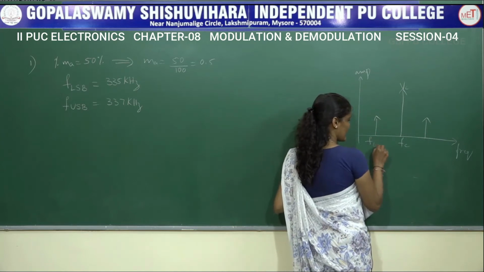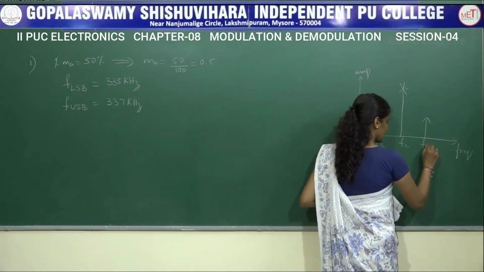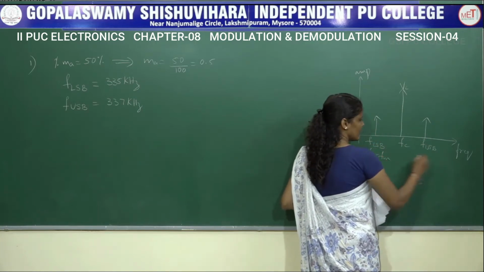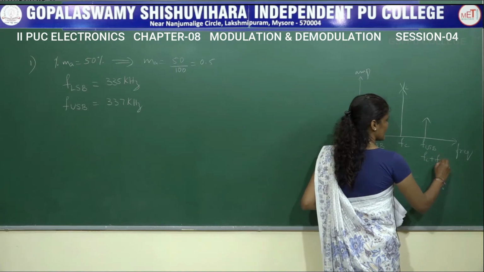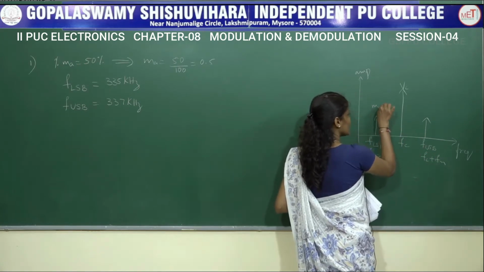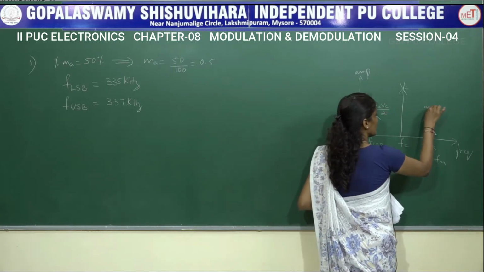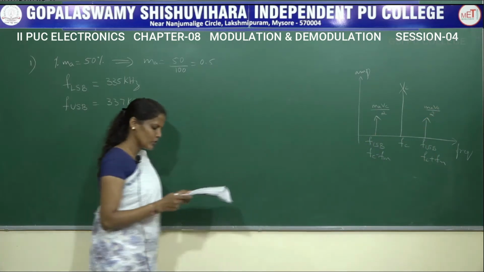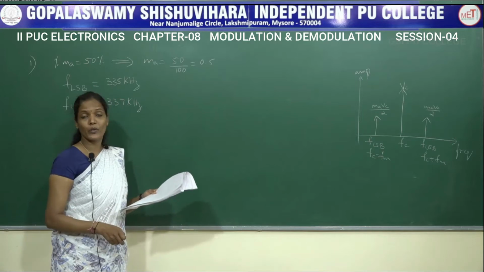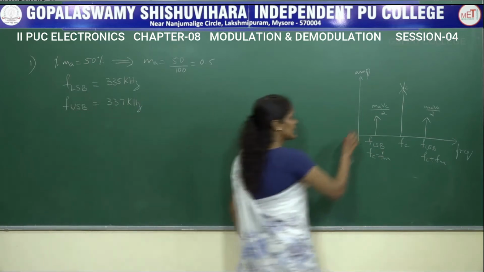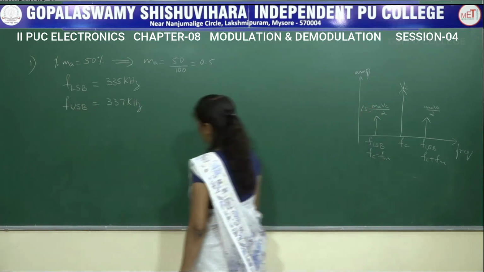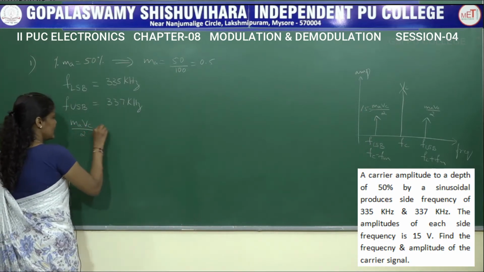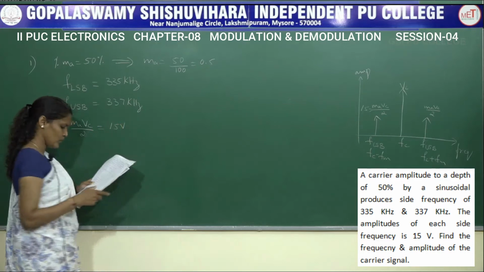One is called FLSB, the other one is called FUSB. FLSB is equal to FC minus FM, whereas FUSB is FC plus FM, and the amplitude of these two is MAVC by 2. Here in this problem, the amplitude of each sideband frequency is 15 volts. So, MAVC by 2 is equal to 15 volts.